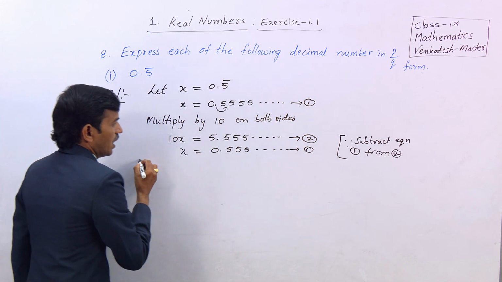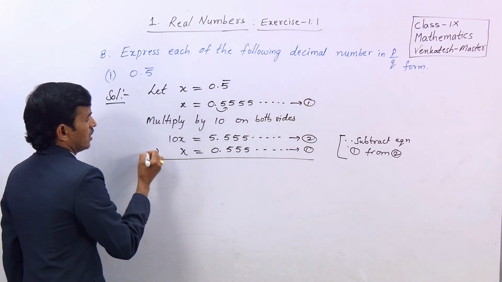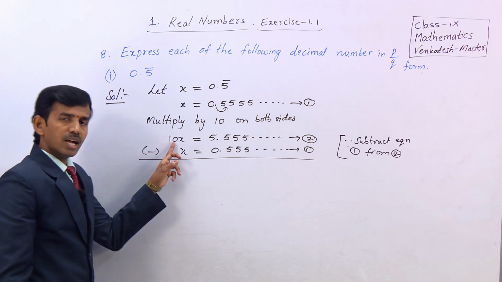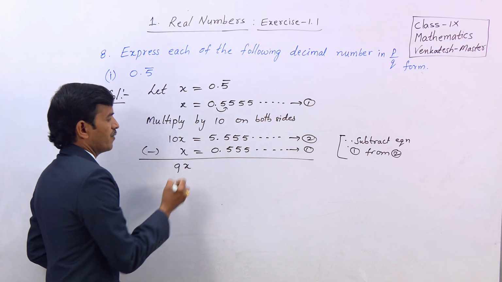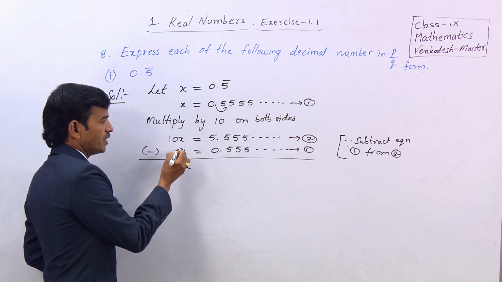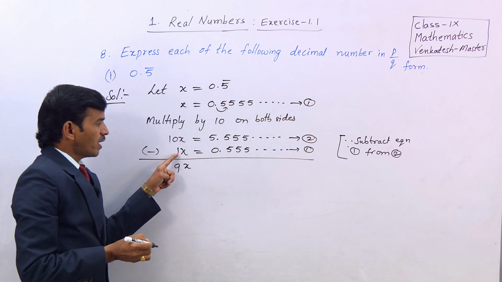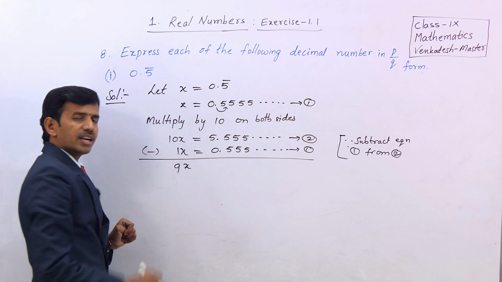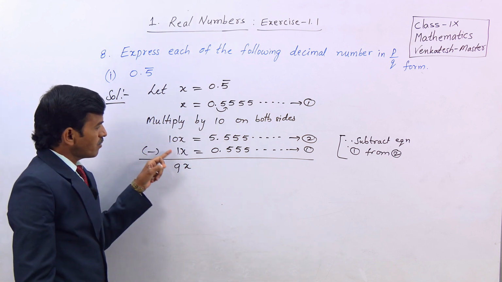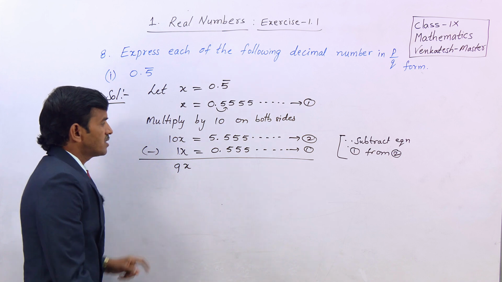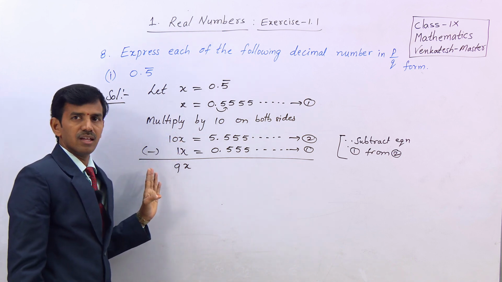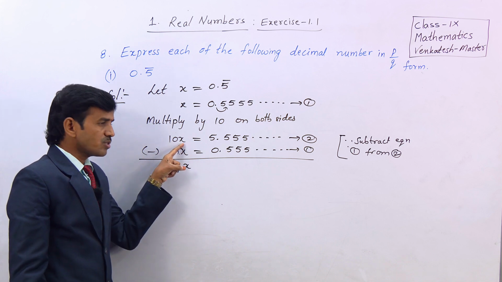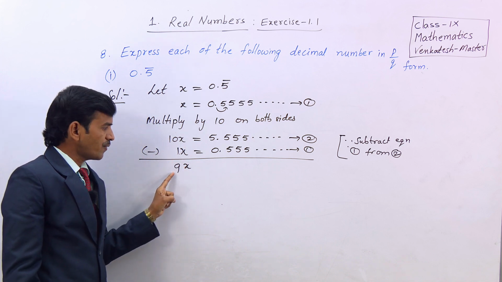Then what do you observe here? What do you get? 10 times x minus 1 times x. What do you get? 9 times x. If there is no coefficient, we should consider it as what? 1. 1 times x, it is 10 times x. So 10 minus 1 is 9. Generally people cancel x and x, then they will write 10. Not like that. 10 times x minus 1 times x gives us what?